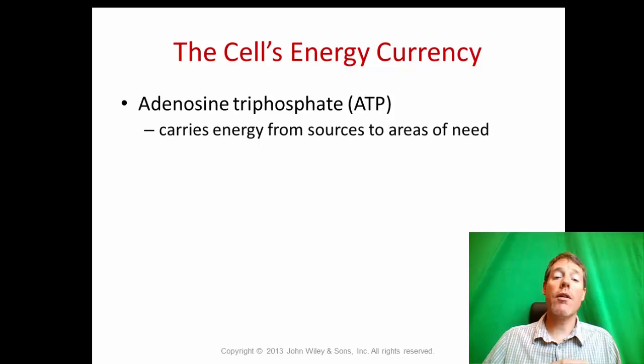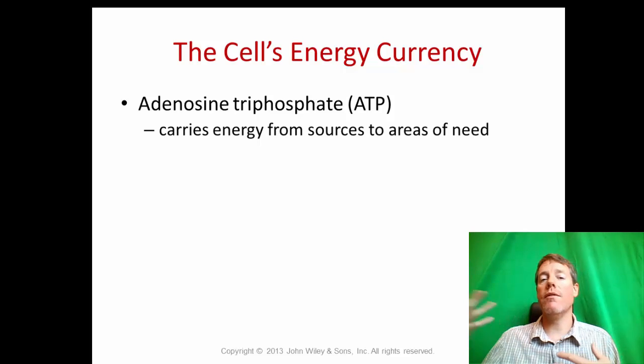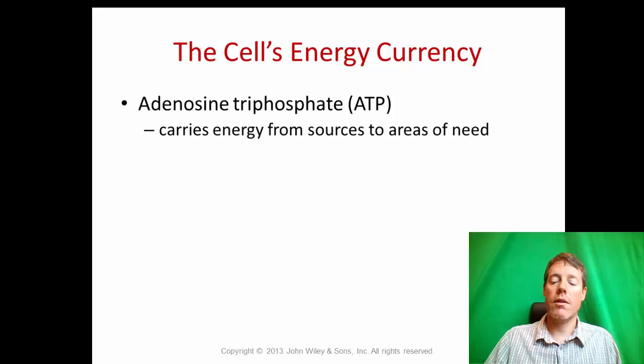Energy is carried from sources of energy to areas of need by this molecule. This molecule is analogous to cash in the human economy because it's a form of currency or money that is usable by all entities in the economy and can be transferred from sources to areas of need.